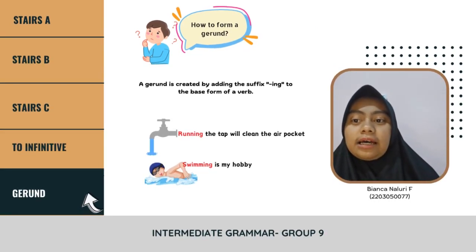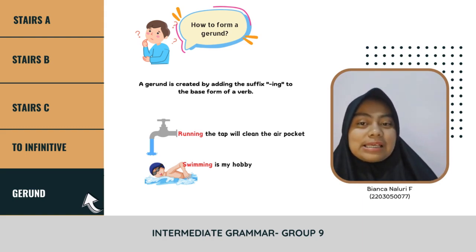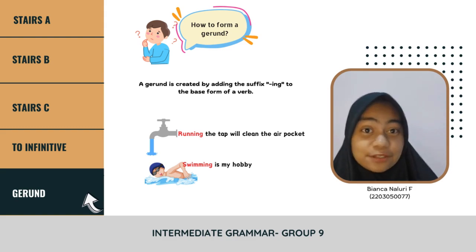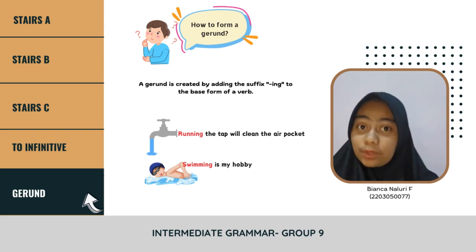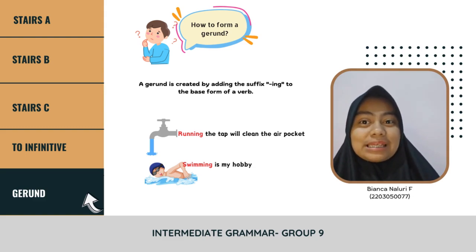So actually, a gerund is created by adding the suffix -ing to the base form of a verb. So it is similar to the sentences in simple present continuous tense, like swimming, drinking, because the form is the same.